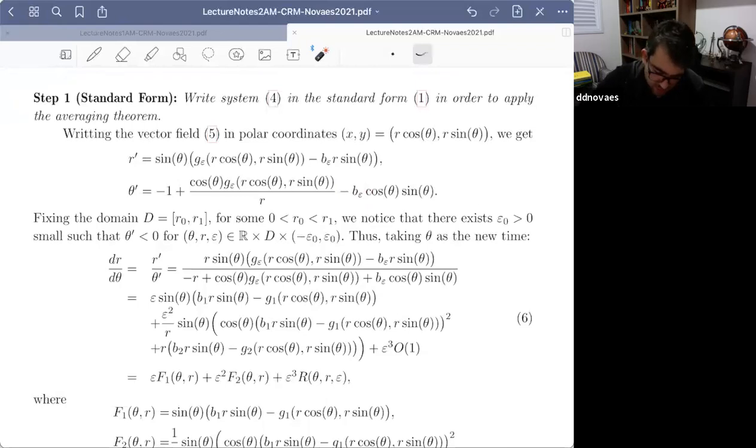Here we also have an epsilon that multiplies everything, because we have g epsilon minus b epsilon.